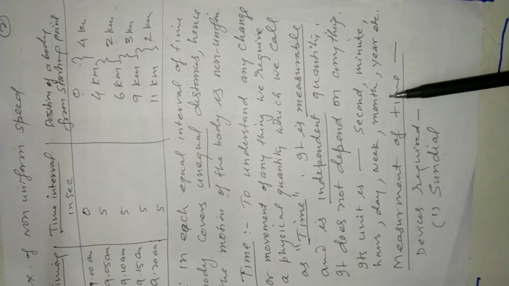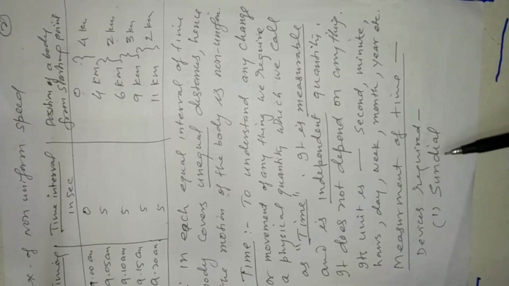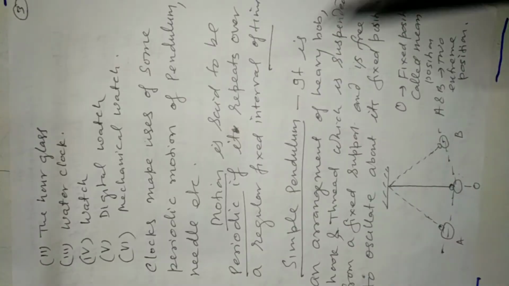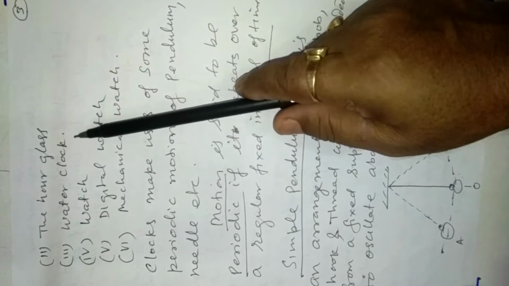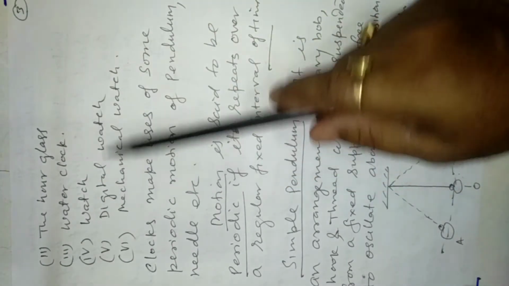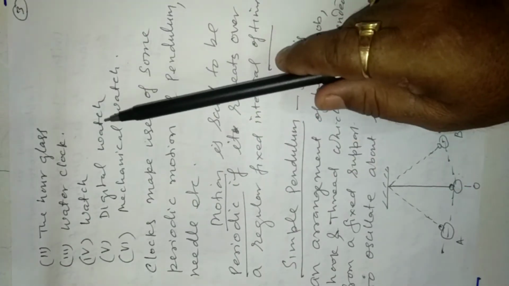Time can be measured, and for measuring time we require devices. The oldest device is the sundial, the second device is the hourglass, then water clocks, watches, digital watches, mechanical watches. So many devices are there.